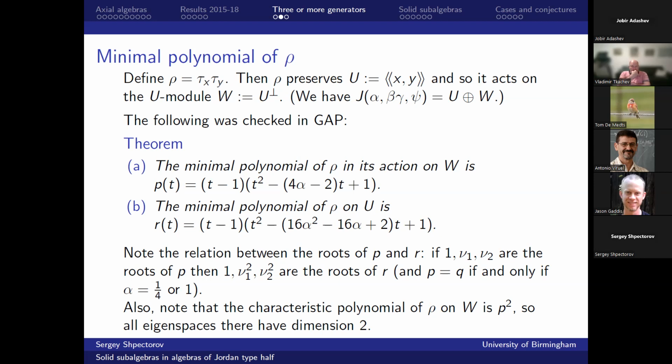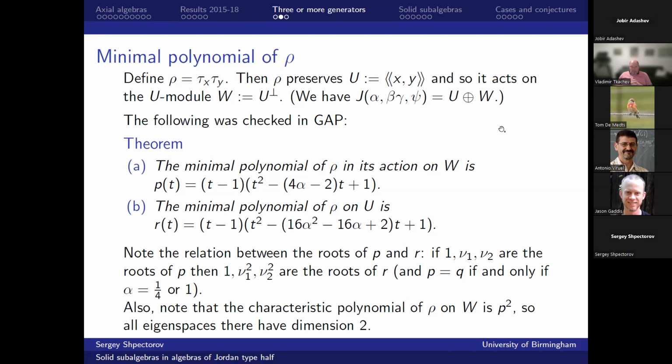So rho preserves this U of dimension 3, and it also acts on the complement. So we will make a restriction. We will ask for this parameter alpha or phi or whatever not to be in some small set, and as a consequence of it, U will be simple of dimension 3, and this will imply that we can decompose the entire algebra into U and its complement, U perp, and rho will act on U and its complement, and that's how we will look at it.